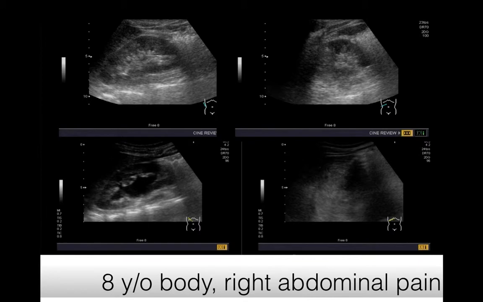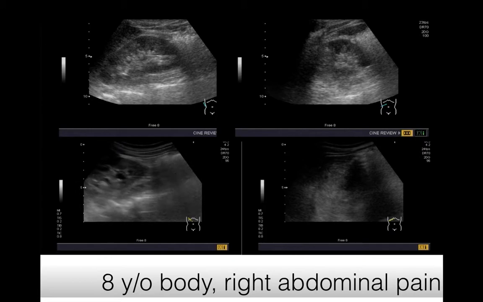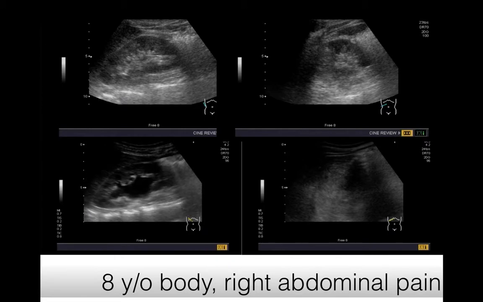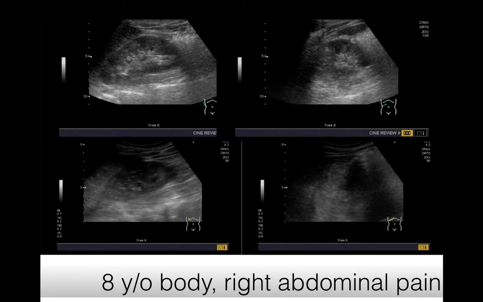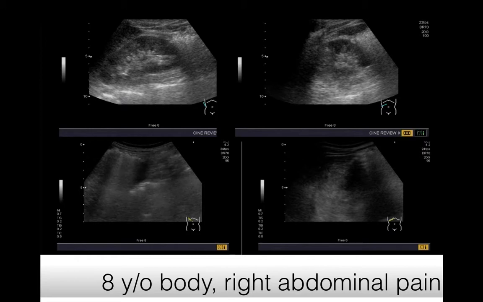You should scan the long axis of that structure. This is a normal kidney. In comparison, this 8 years old boy. So you can see that the problem is right side hydronephrosis, and we can even trace down to the proximal hydroureter.